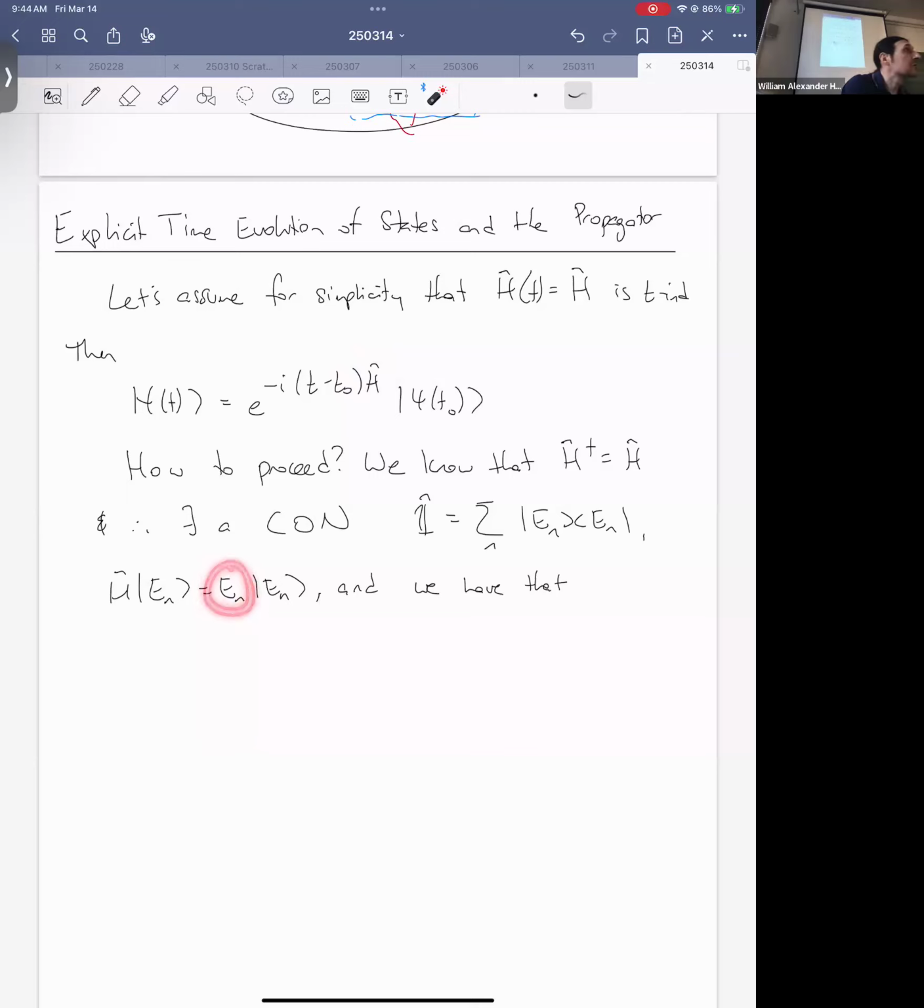I do like numbers. So I can get rid of the operatorness by inserting this 1 to turn this operator into a number. So therefore, psi of t is e to the minus i (t minus t0) Hamiltonian, sum over n of e_n e_n psi of t0.